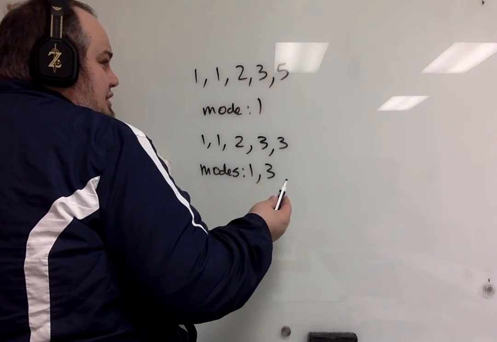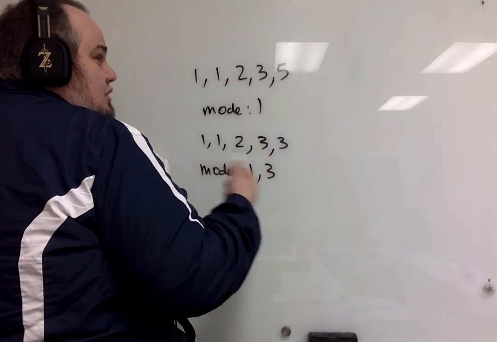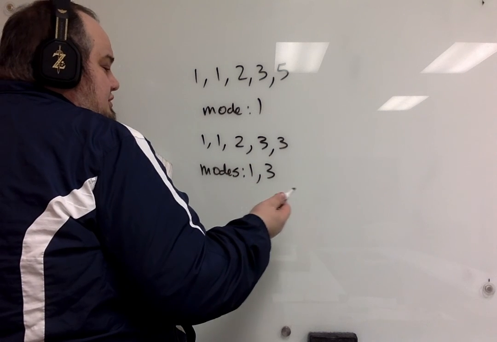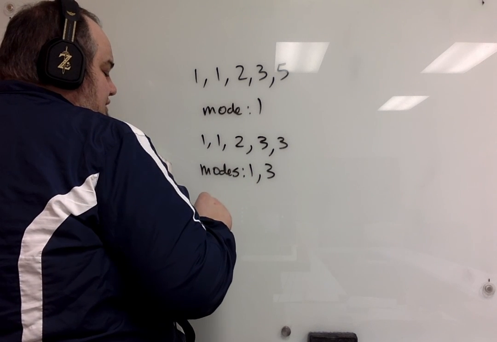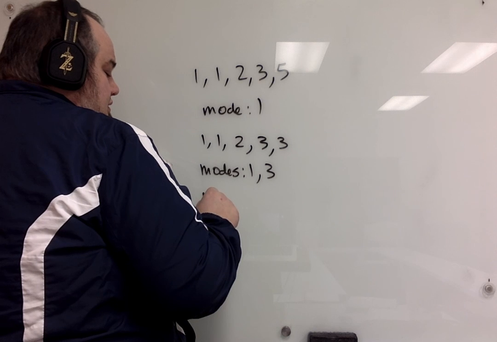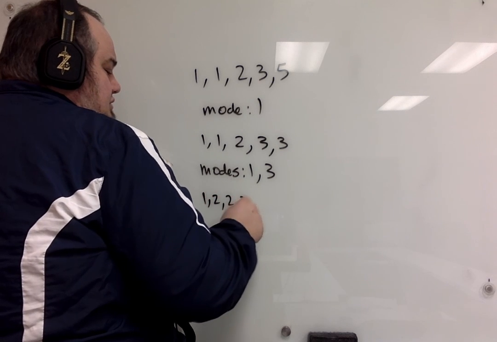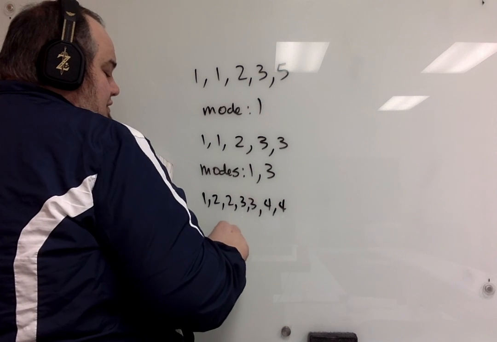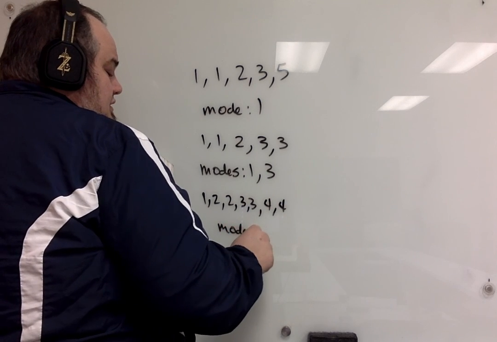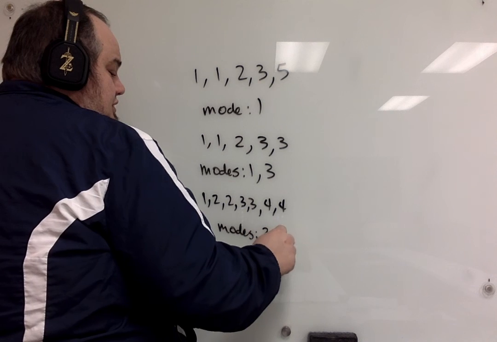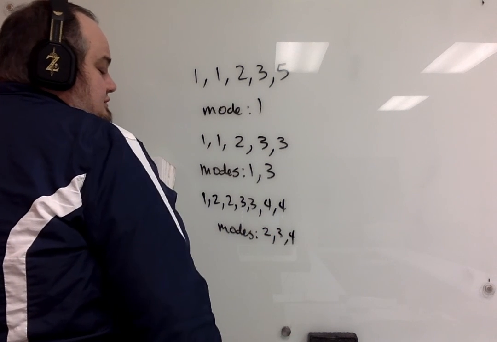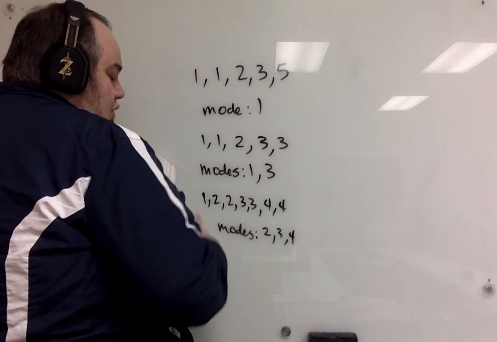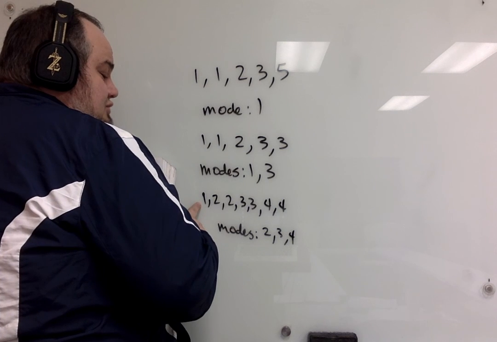And then multimodal means you have multiple modes, more than 2. So for example, let's say we had 1, and then 2, 2, 3, 3, 4, 4. Well, all of these 2, 3, and 4 would be modes. 1 is not a mode because 1 only occurs once.